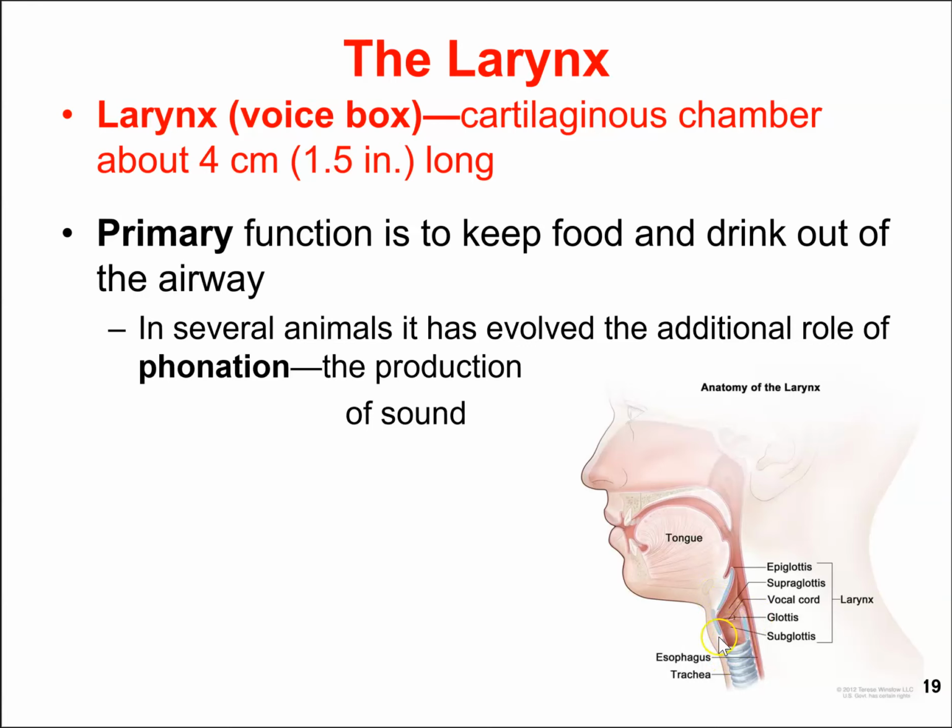Now, right where the trachea begins, you have the cricoid cartilage, which forms a ring. This ring marks the beginning of the trachea. So the cricoid cartilage is the cartilage that divides the larynx and marks the beginning of the trachea.